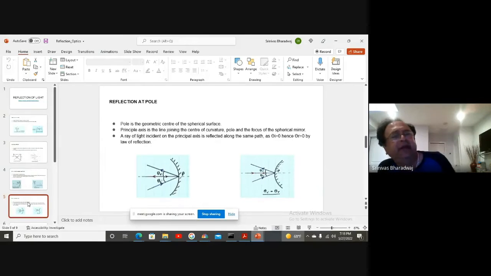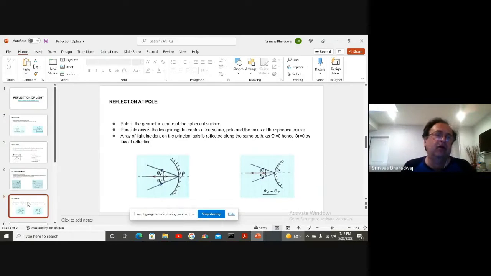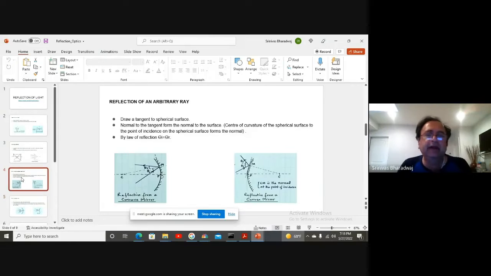That you may see, right? Where do you see the convex mirror the most? I'm sure you have all seen the flat mirror in your home, right? The convex mirror is always there on the side of each car. The left side, the right side, you will always see the convex mirror.